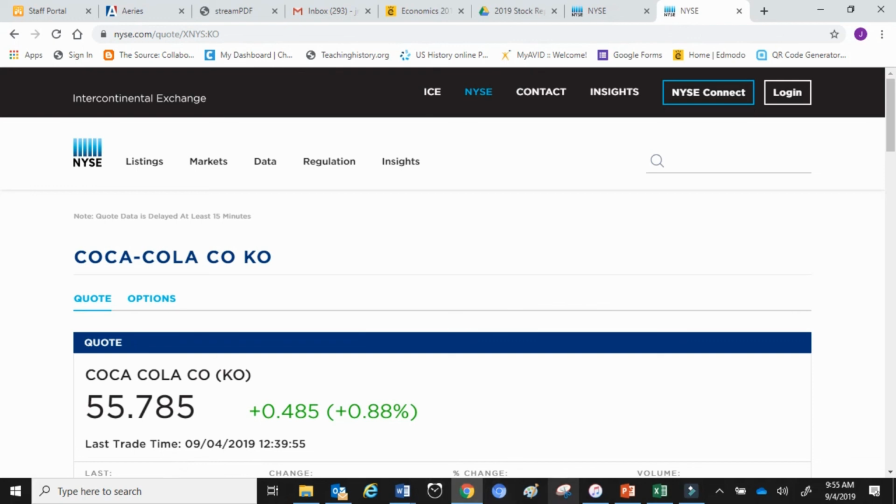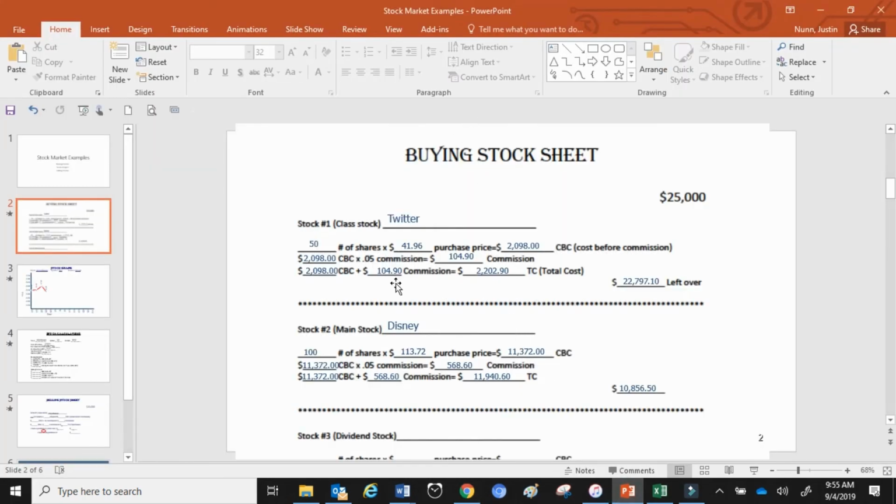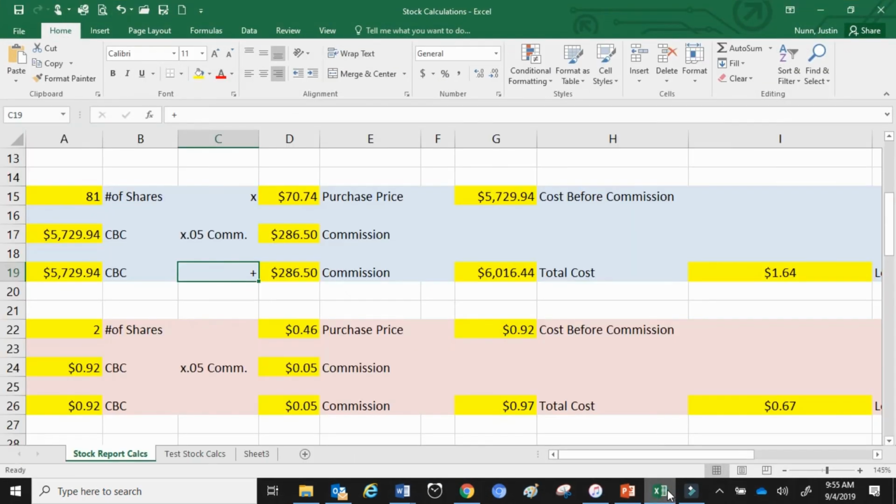Oh, I do want to say one more thing. You know all of this math stuff right here? You will spend a lot of time doing this by hand. And I'm totally okay with that, if you want to try to figure out how to spend $25,000 by yourself. However, you could also create a spreadsheet. And the spreadsheet will do all of the math for you.